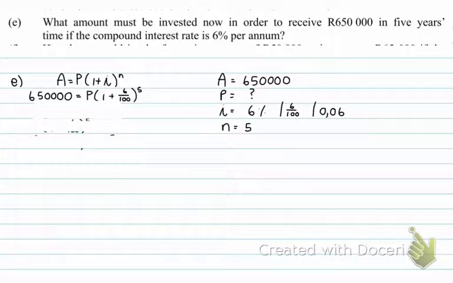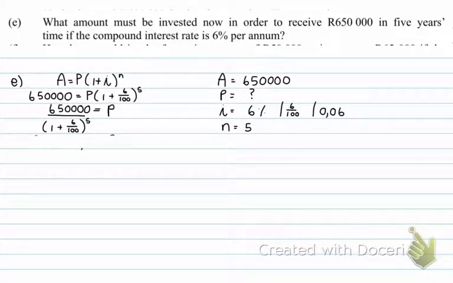And now we need to get P alone. P times that whole bracket stands on the right-hand side. So we must get rid of that bracket. And by doing that, we have to go divide on the other side. Again, please don't try to work with decimals here. Take the whole bracket to the other side.